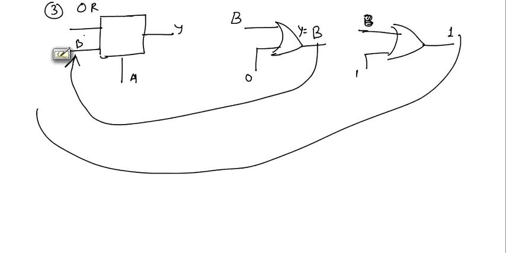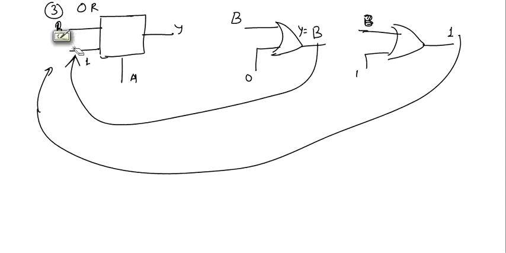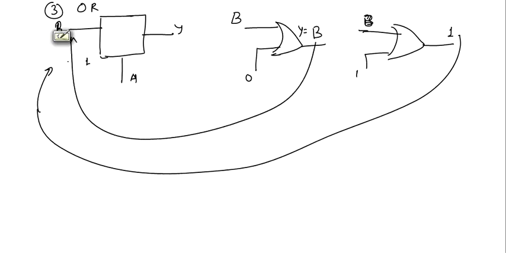Sorry, this B will go here, and this 1 will go here at the second input. So for this OR gate, one input will be B, another input will be 1.